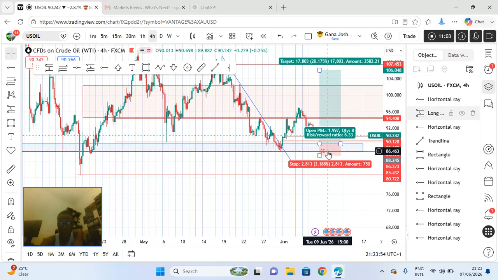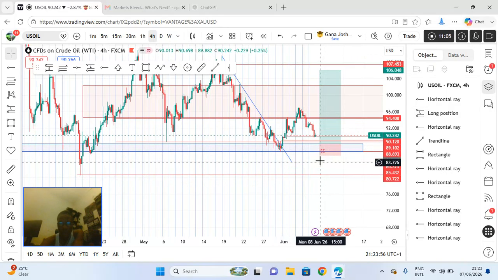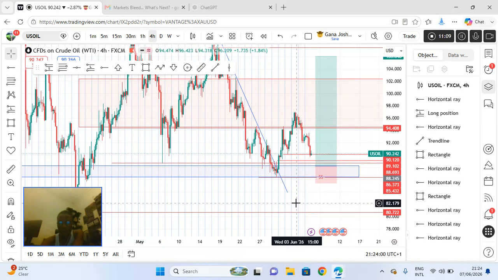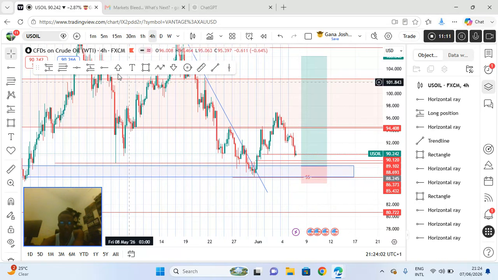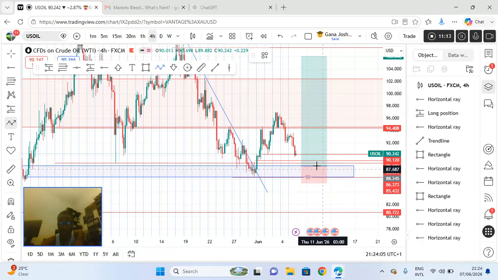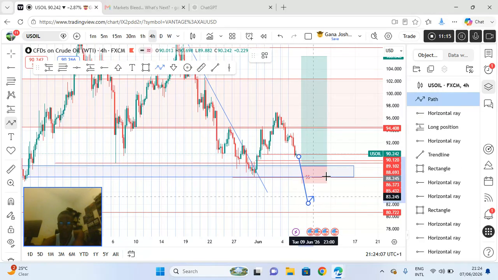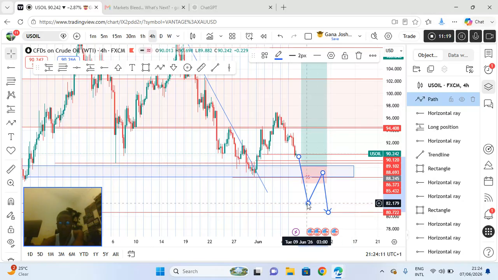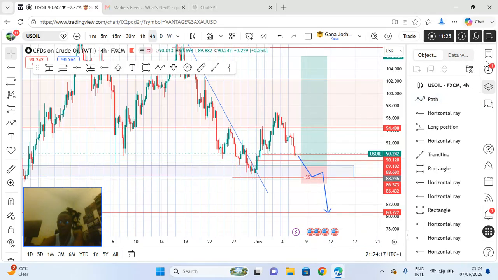From here we're bullish on oil. But if this low gets violated, then you could get some opportunity to the downside, especially if this doesn't hold. So that's it for oil.